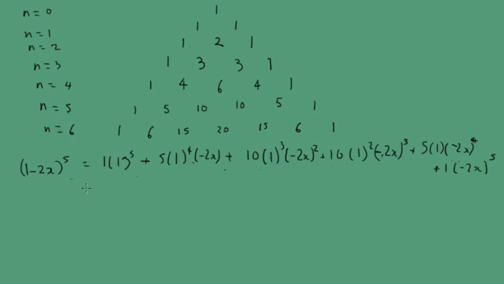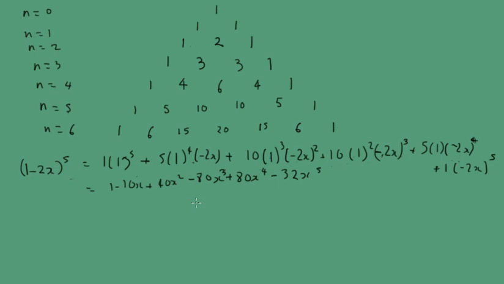Working all that out, we get 1 minus 10x plus 40x squared minus 80x cubed plus 80x to the power 4 minus 32x to the power 5.